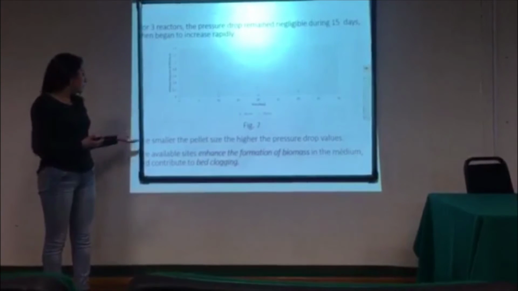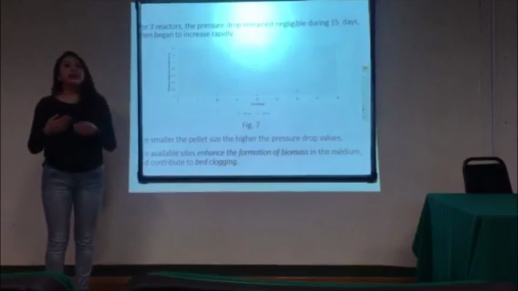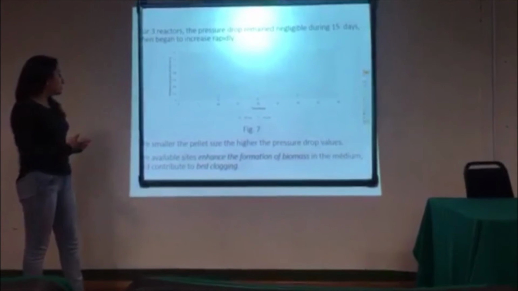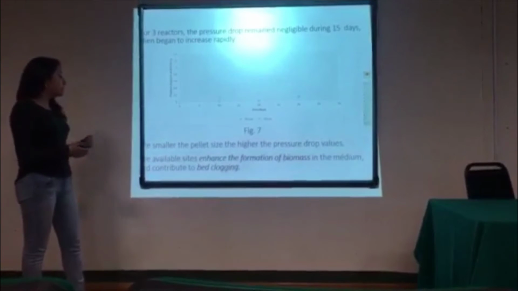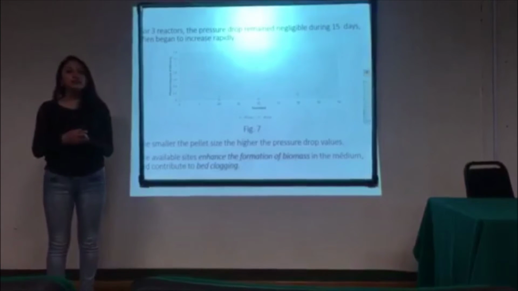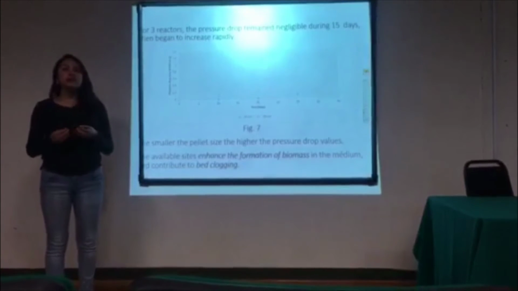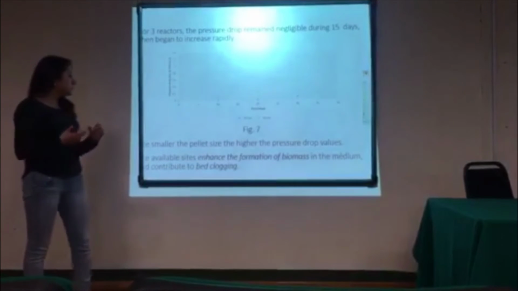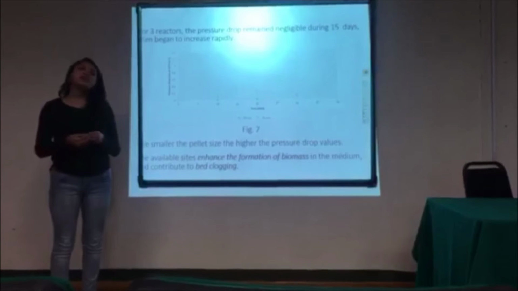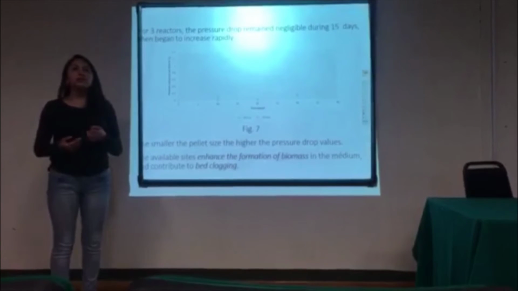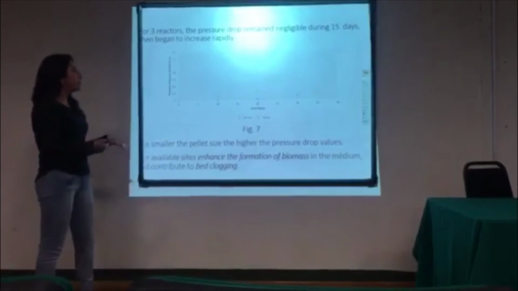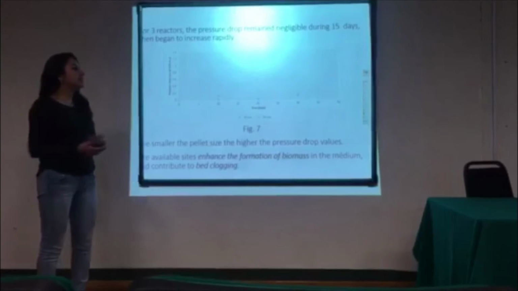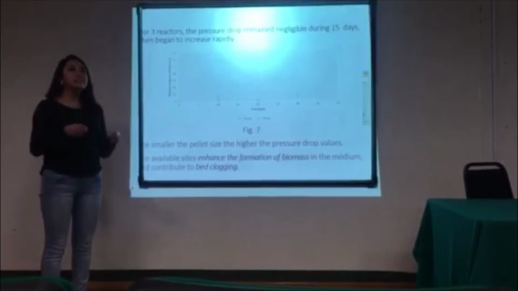It means that the smaller the pellet size, the higher the pressure drop values. It also means that the available sites enhance the formation of biomass, which is the product that we are concerned with. This occurs in the medium and contributes to bed clogging, which is a phenomenon that we are interested in.